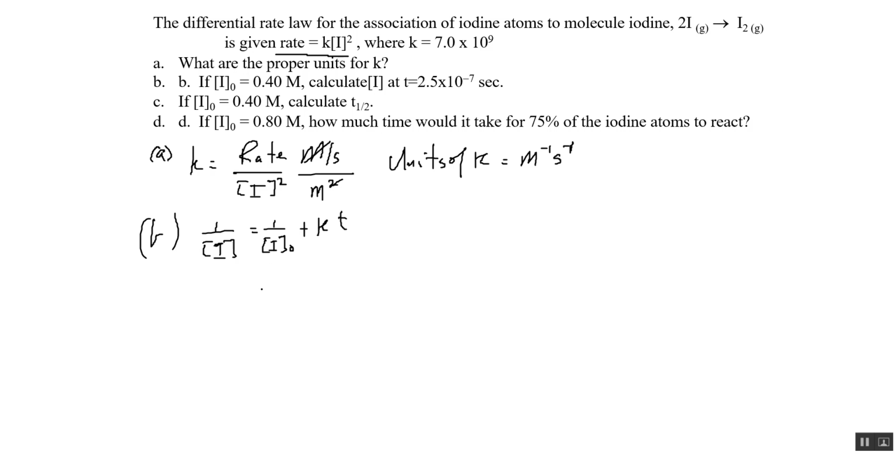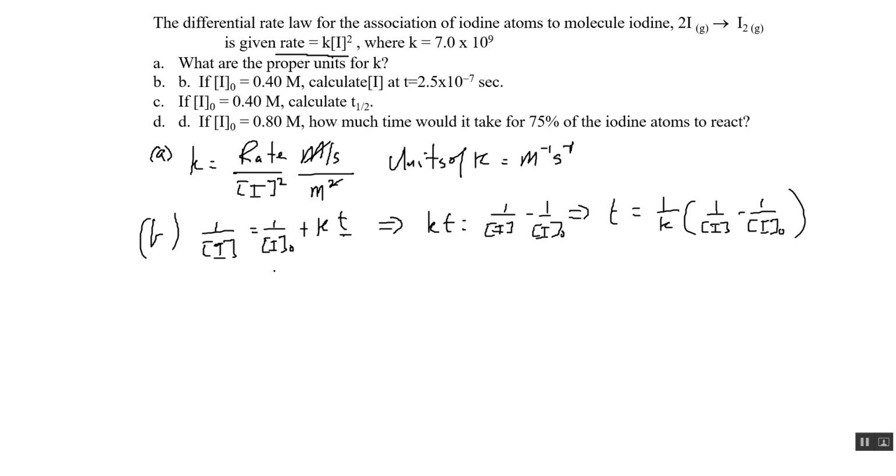All right, so we have to do some algebra here. So KT would be equal to 1 over the concentration of I minus 1 over the initial concentration of I. So therefore, this implies that T would be equal to 1 over K times 1 over the concentration of I minus 1 over the initial concentration of I.